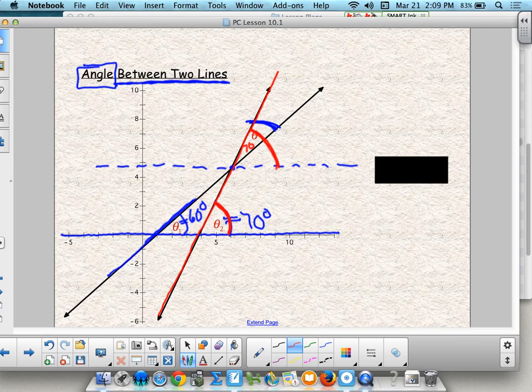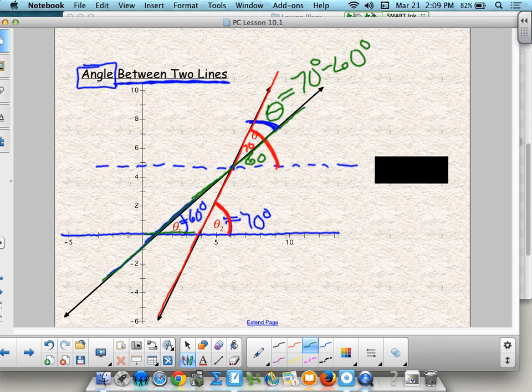And now you also know, let me switch colors, that this line intercepts the x-axis and makes a 60. If I kept it going though, there it goes, it would make a 60 here. Which leads me to believe this angle, right here, theta in between, equals 70 minus 60.